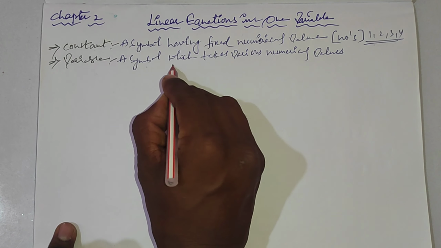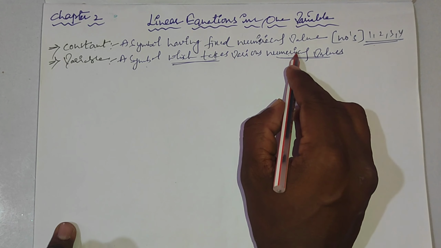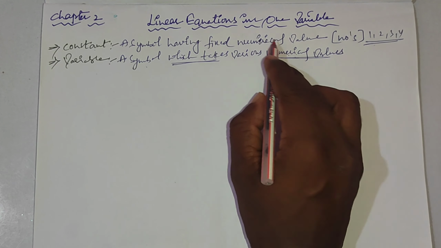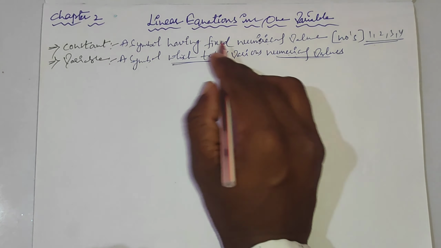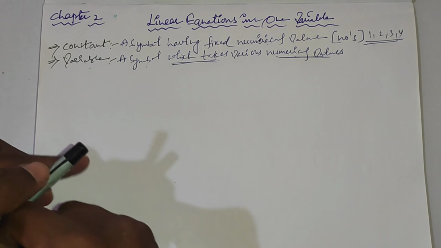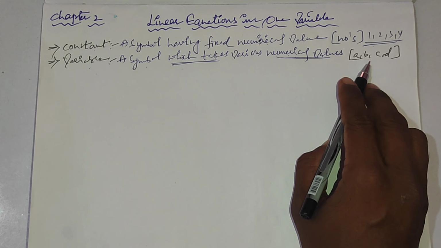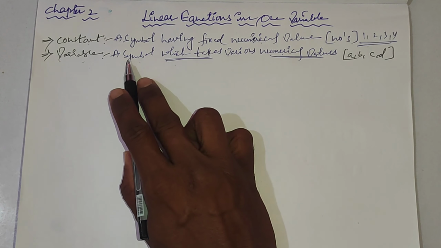What is the meaning of numerical values here? Nothing but constants. Variables we can call alphabets, like A, B, C, D, smaller or bigger. Those are called variables.